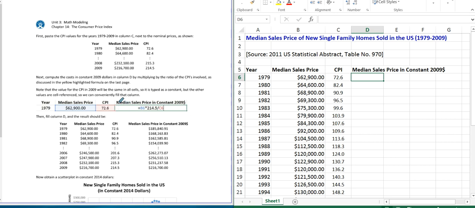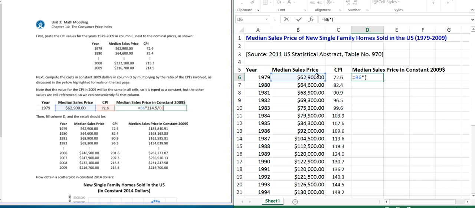So you can see over here, this is in your notes, and this is really crucial as we're typing this in. We're doing the same ratio that we did last time, where we start off with our equal sign, of course, and we cell reference the original price that we're trying to convert. We cell reference because that's something I'm going to want to change from row to row, times, and I'll go ahead and put this in parentheses for emphasis here.